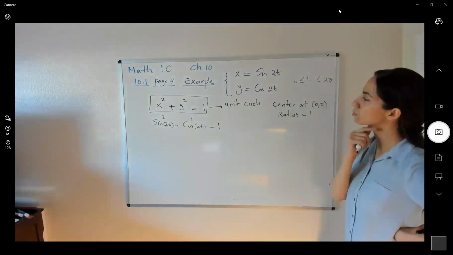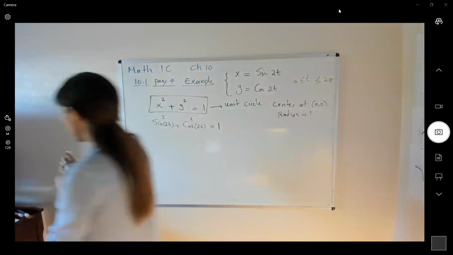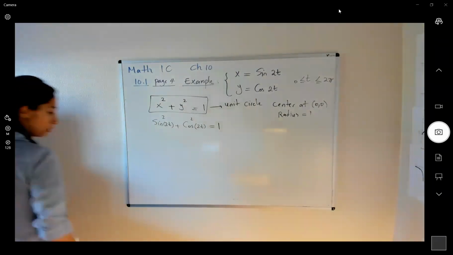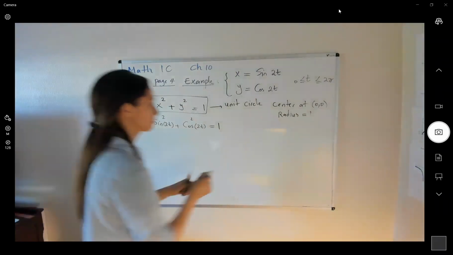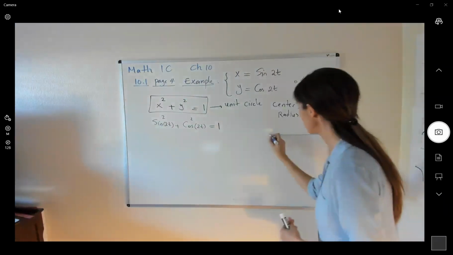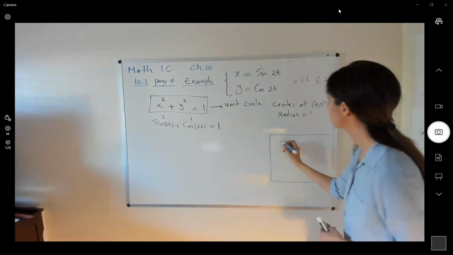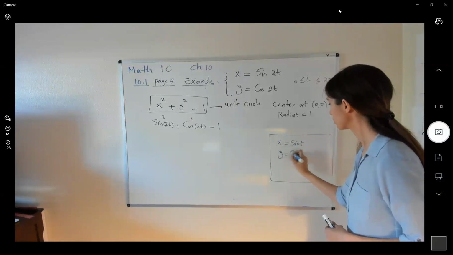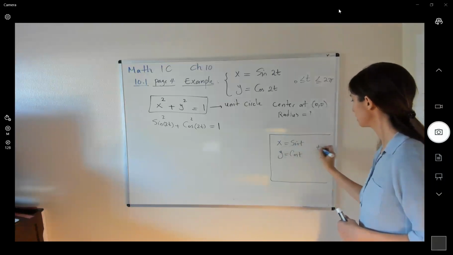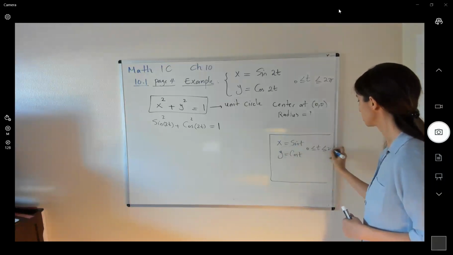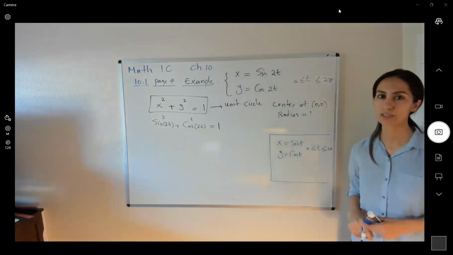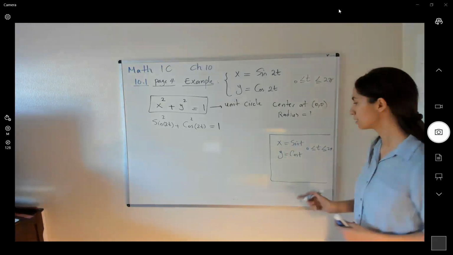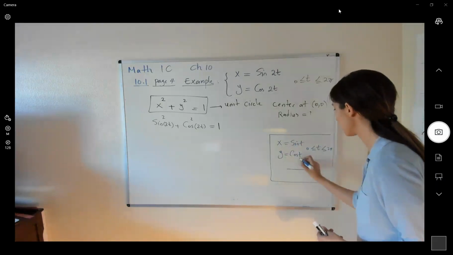Well, I expect you to ask, hey, Professor, in the previous example, you said that x equals sine t, y equals cosine t, t was between 0 and 2 pi, and you said this is a unit circle, and you graphed it like this.